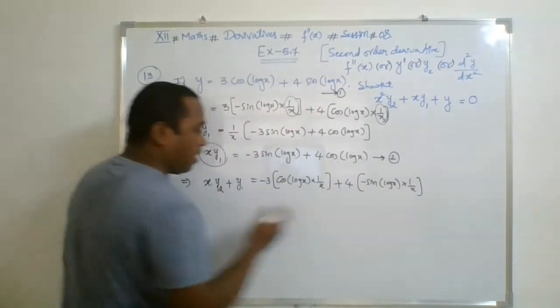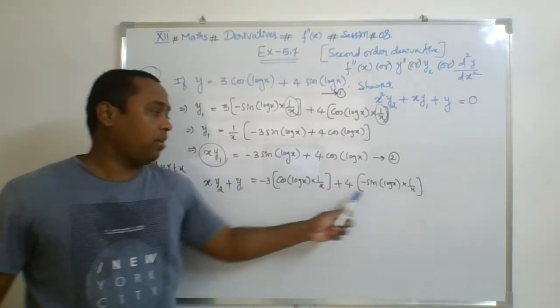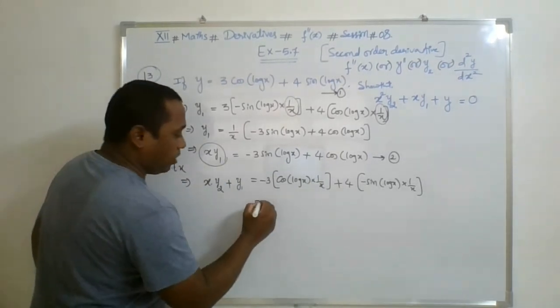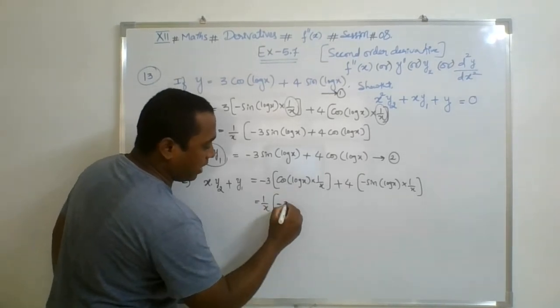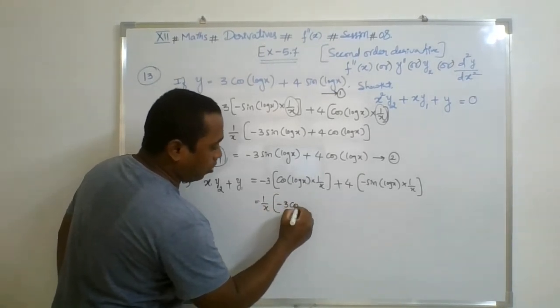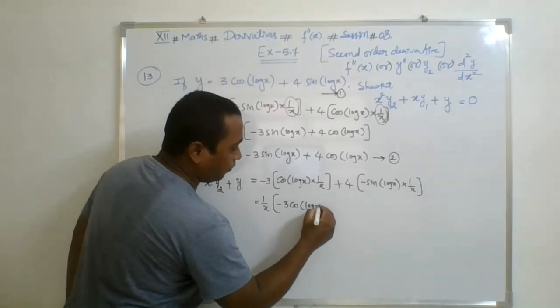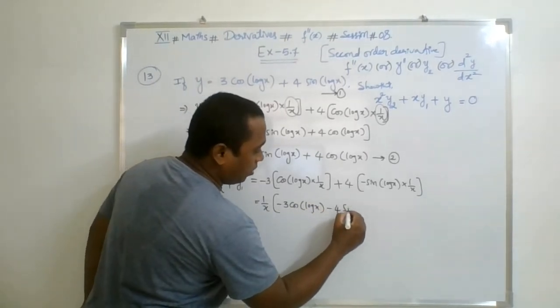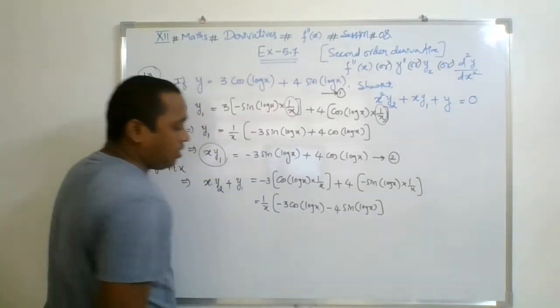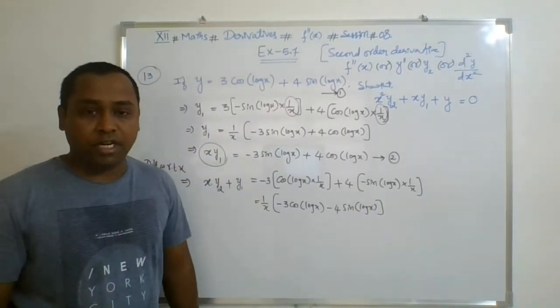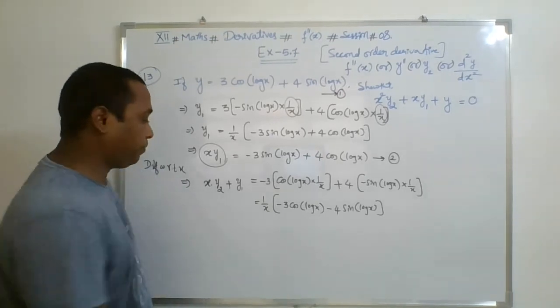Now again take some common factor if possible. So here 1 by x is a common factor. The remaining one I am writing minus 3 cos of log x minus 4 sine of log x. Just see how the answer would be reduced very smartly here.